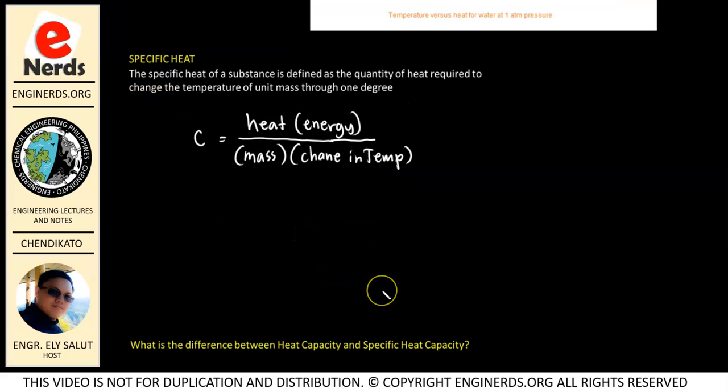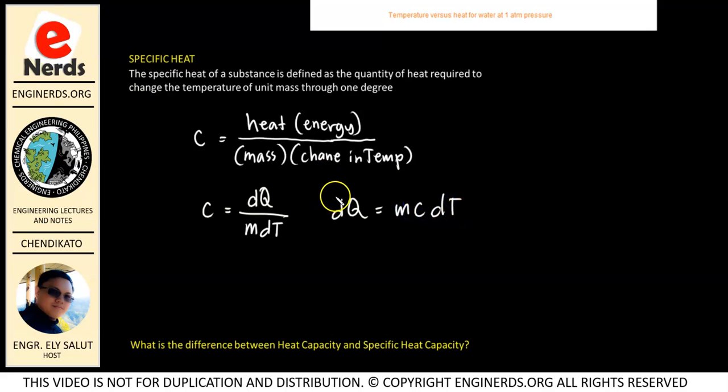So, in differential quantities, we could also write this as C is equal to the amount of heat, which is the change in heat per unit mass and the change in temperature. Okay, or we could write this as dQ is equal to mc dT.